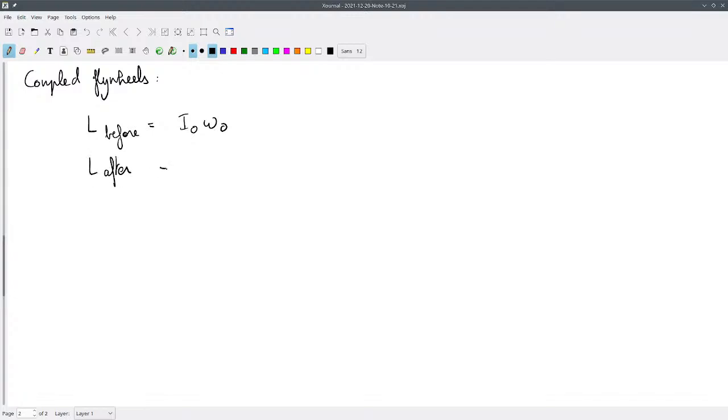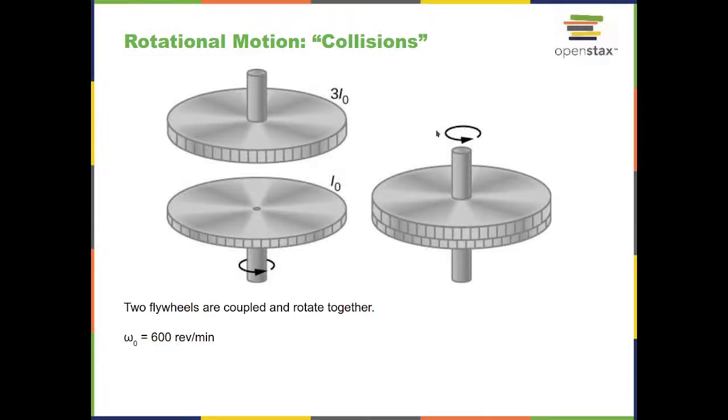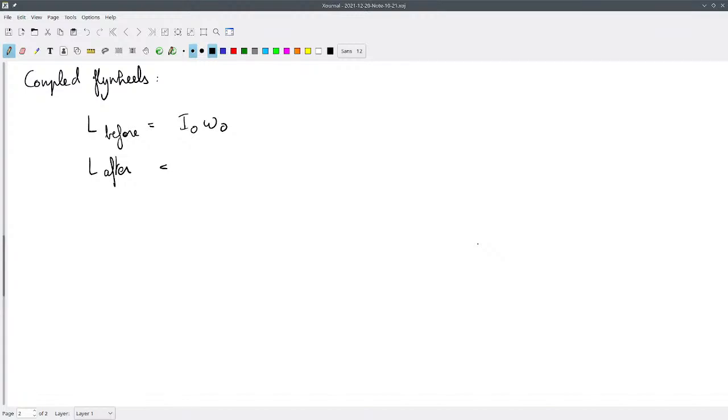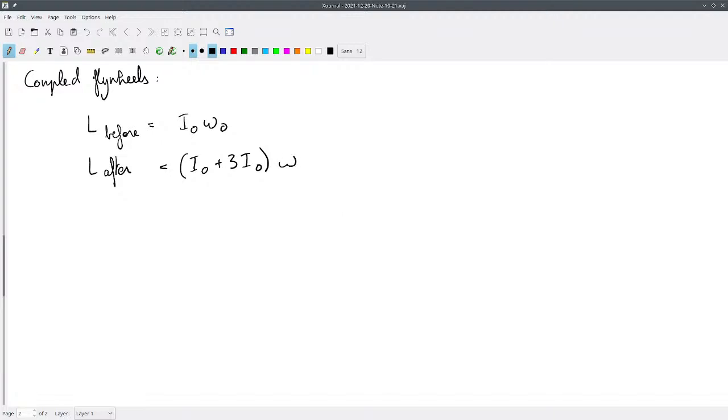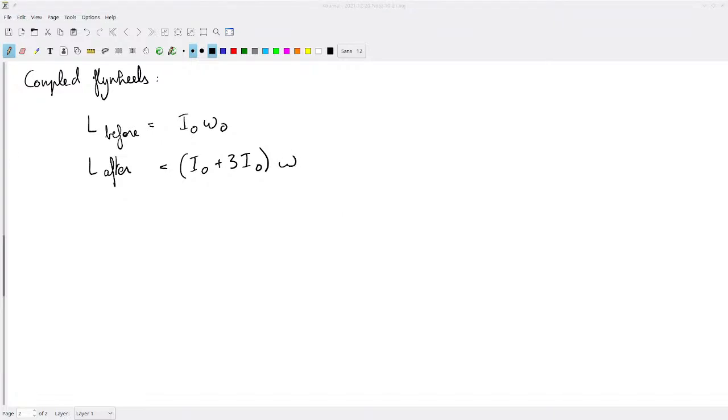The angular momentum after will be the new angular velocity, which we'll call omega, times the new moment of inertia. The new moment of inertia is just the sum of the original ones, I0 plus 3I0, where 3I0 is the moment of inertia of the big flywheel and I0 is that of the small flywheel, multiplied by the new angular velocity omega.